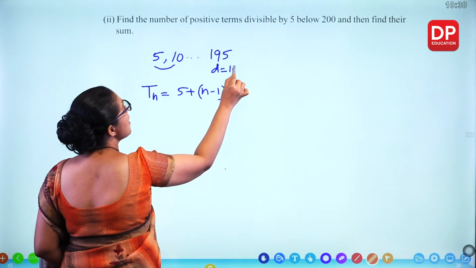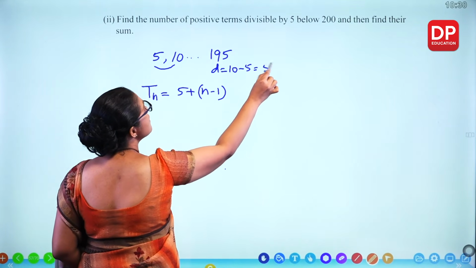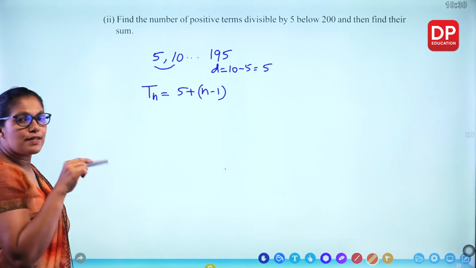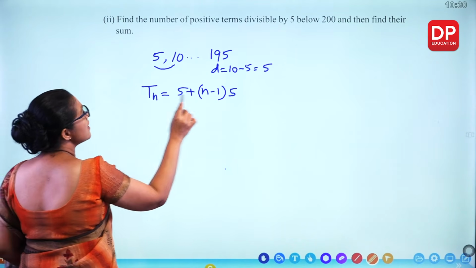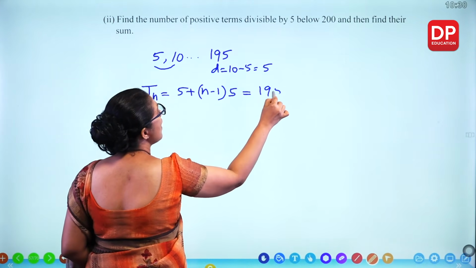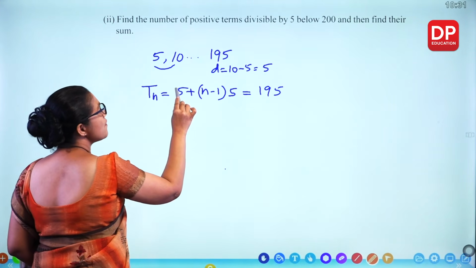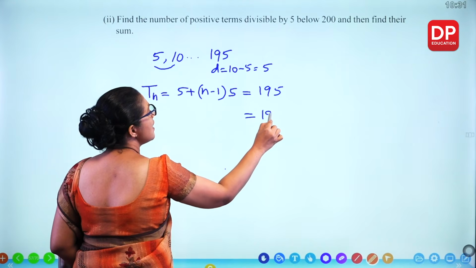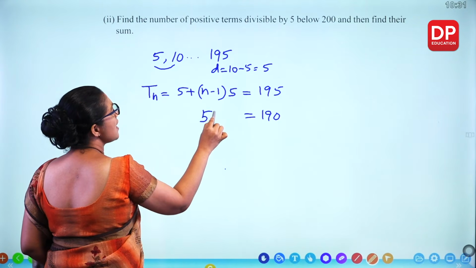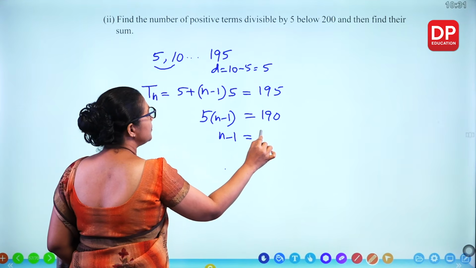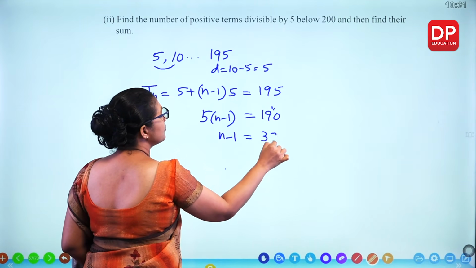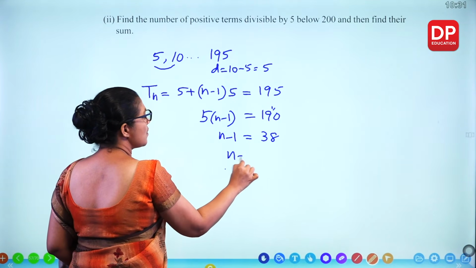The numbers are divisible by 5, which means the difference is 5. Last term is 195. How many terms are there? First take 5 to this side. 190 is 5 times (n minus 1). Divide by 5, you get 38. So n equals 39.